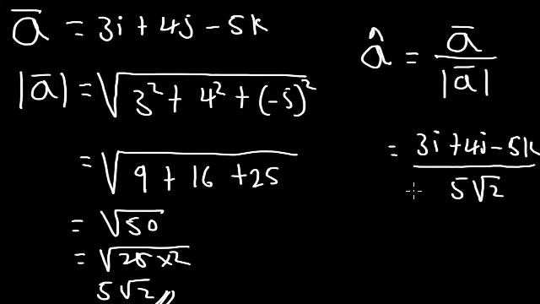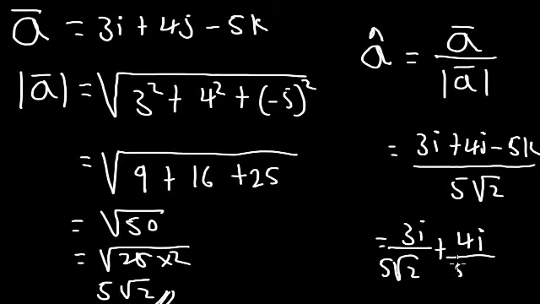You can leave your answer this way. If you want, you can distribute the 5 root 2 and end up having 3i divided by 5 root 2, then plus 4j divided by 5 root 2, then minus 5k divided by 5 root 2. And that will be your final answer.